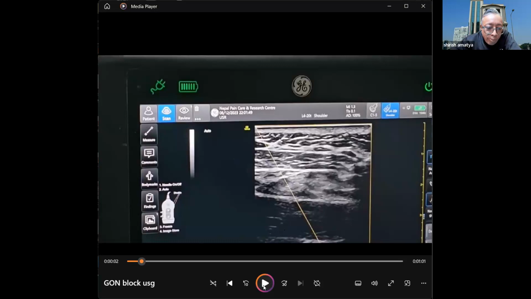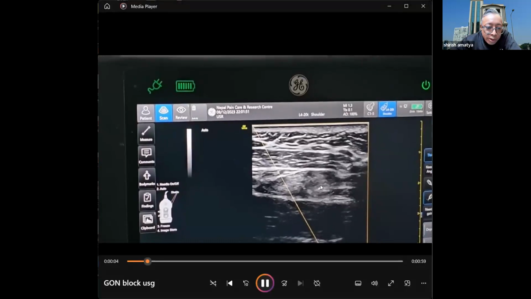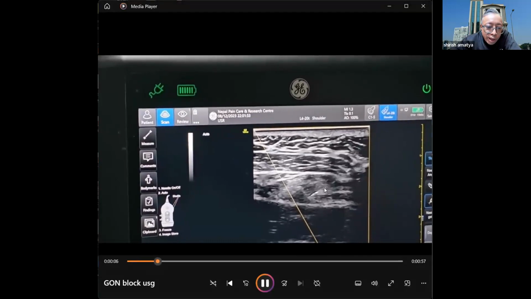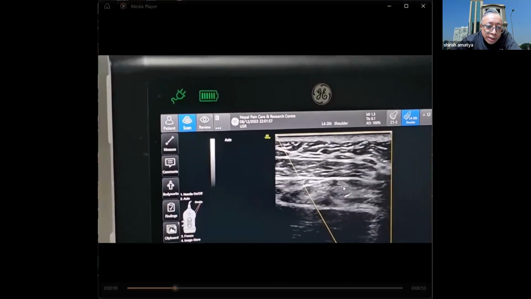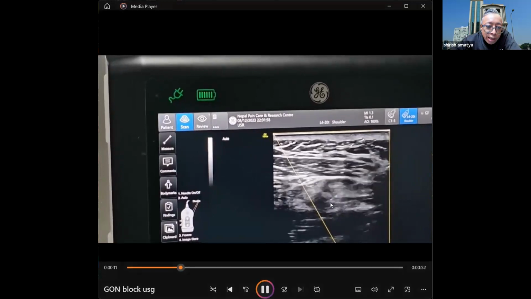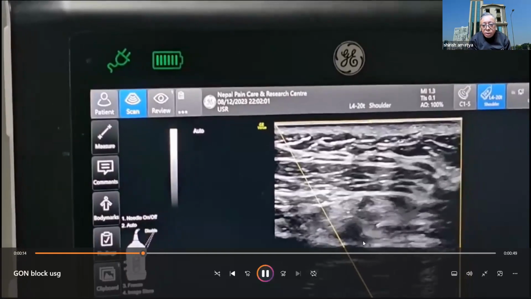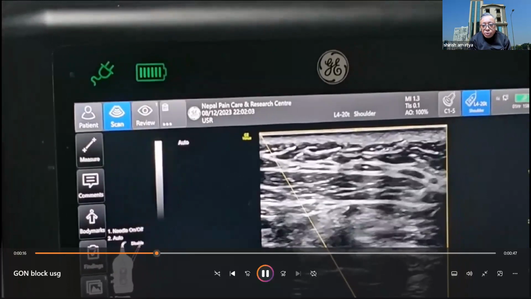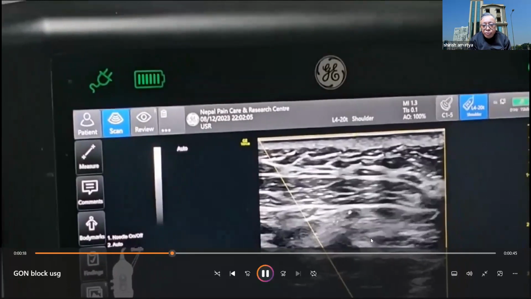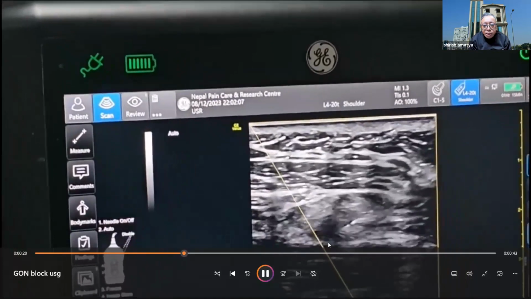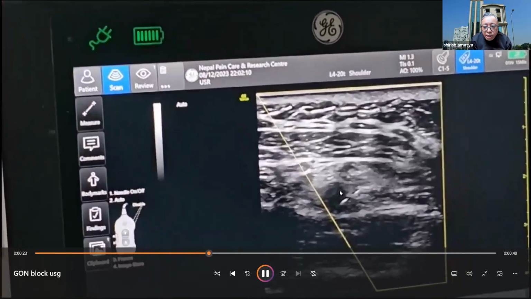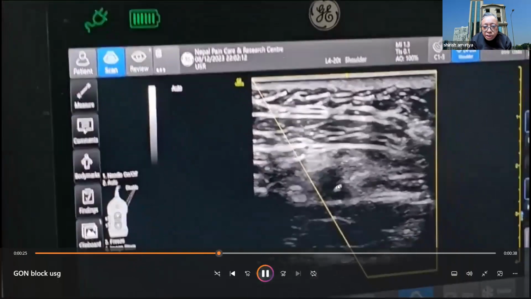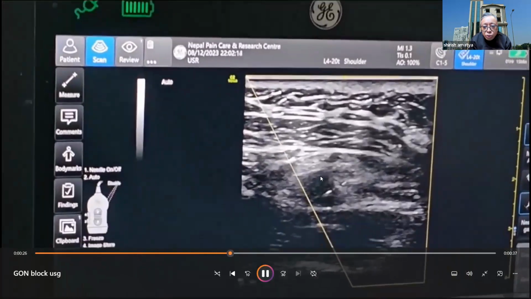In plane, you can see the needle coming in from here. You can see this shiny needle, and I'm putting my needle at the junction between the semispinalis and the inferior oblique. Gradually I'm depositing about 4 ml of drug slowly in this area.